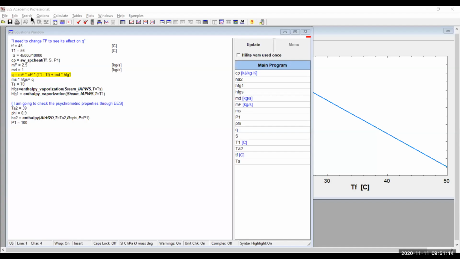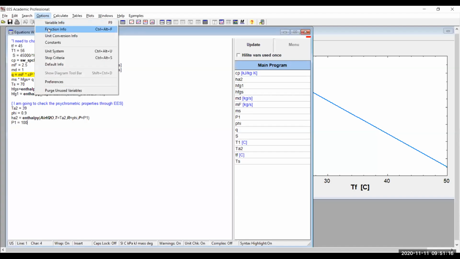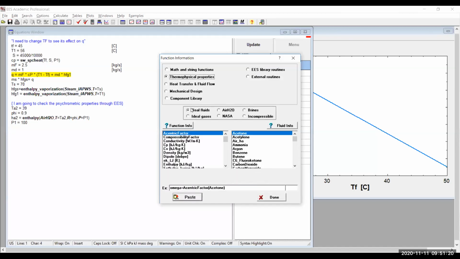If I want water, you just go for the water properties right away, which, if you recall, we've just used. Here it is, the thermodynamic properties, options, functions, and I need water. Then water will be under real fluids. And for the real fluids, I'm going to select water. So water in the HDH systems is going to be this water.